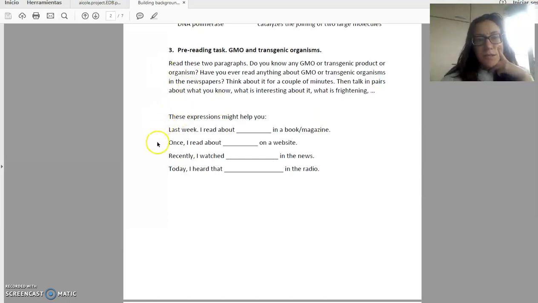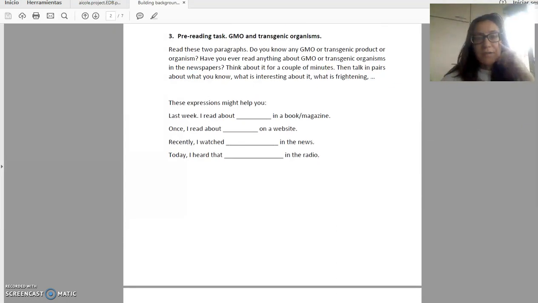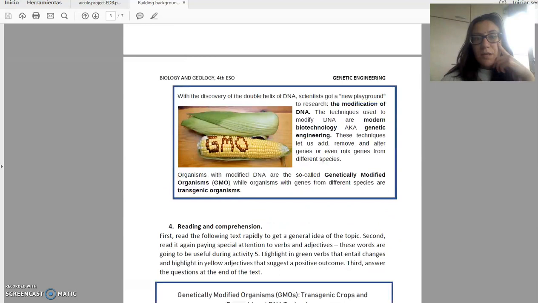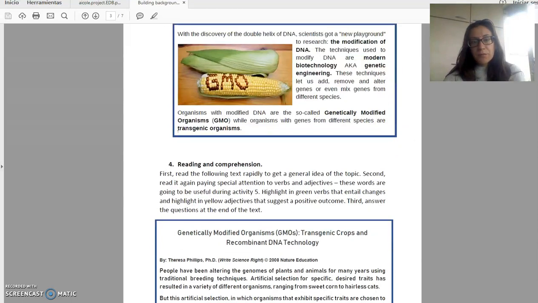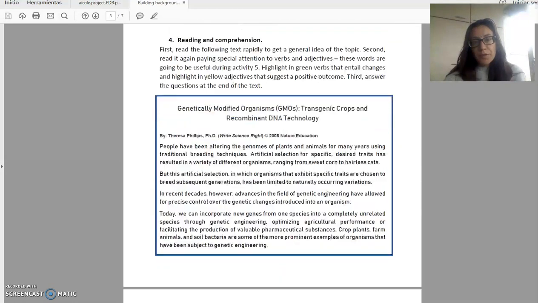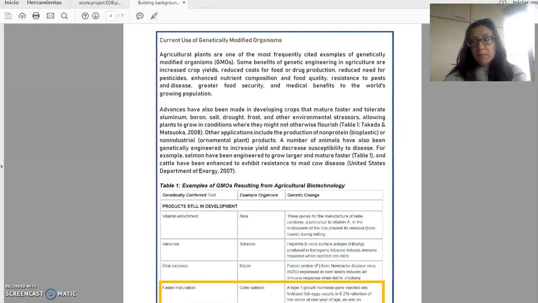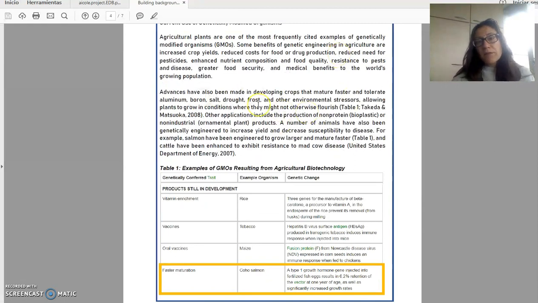Here I also introduce some structures for giving opinion, or kind of a starting speech. Here we have a short pre-reading exercise, and then activity 4, it's basically reading and comprehension of this quite long text, but the vocabulary used is quite easy with lots of cognates, so it's going to be easy to comprehend and interpret.